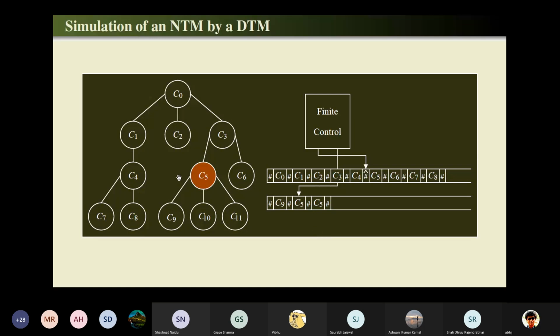That means exploration of everything that can be reached from C5 in one step. Then one by one, it will copy this C9 here, C10 here, C11 here. That will basically enqueue them. Then it will simply move this hat from this to the next one.